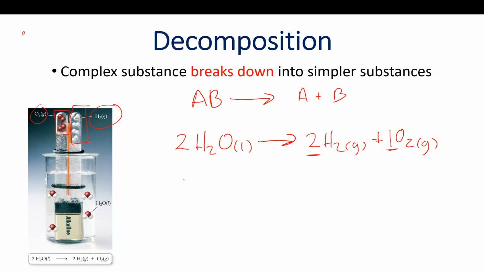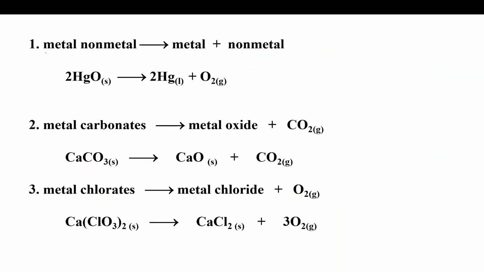So again, we have one reactant breaking down to two or more products, or you can think of it as decomposing. So there are certain examples of decomposition, and one example is where we see a metal and a nonmetal breaking down to a metal and a nonmetal.